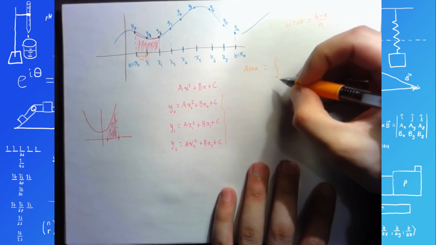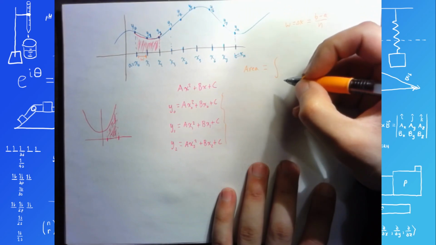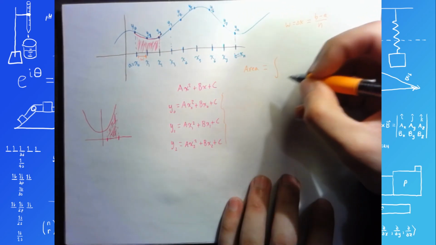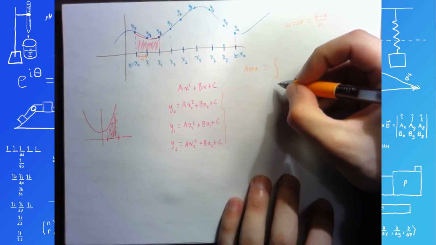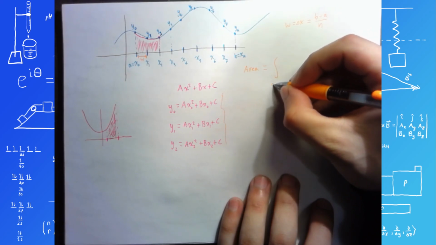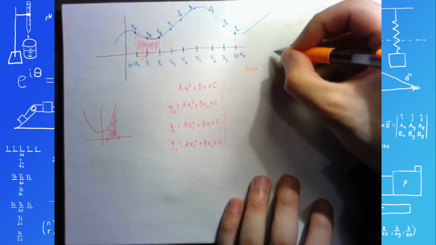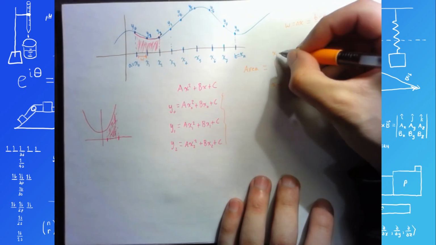So anyway, I want to center this around x1, so I want x1 to be like the focus of this. So I want to integrate from x0 to x2, which I'm going to think of as x1 minus w to x1 plus w.